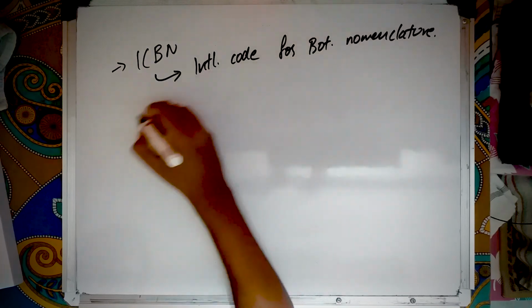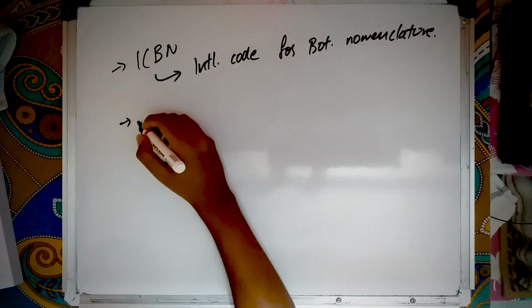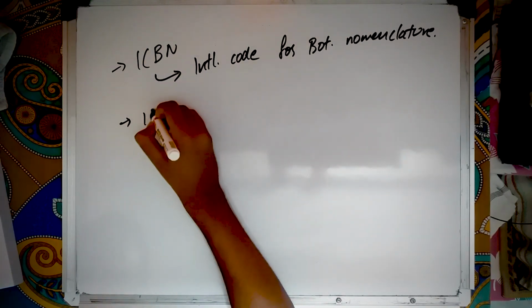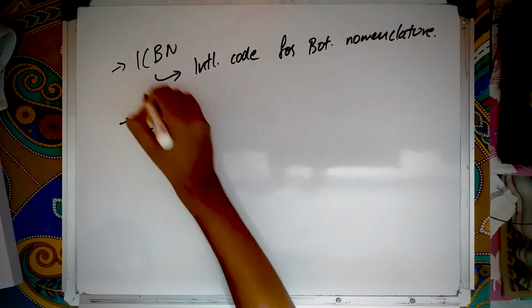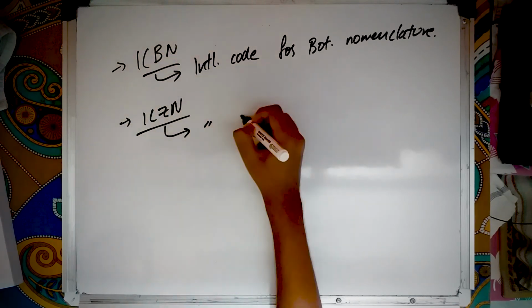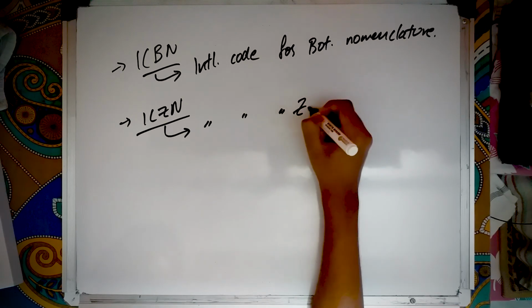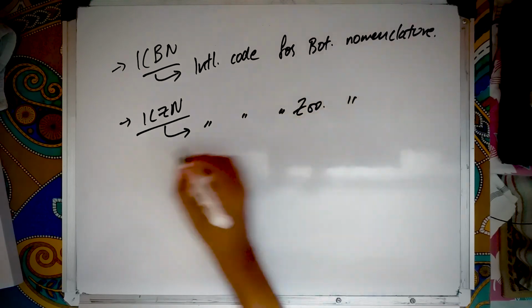This is for botany, and for zoology, ICZN, that is International Code for Zoological Nomenclature.